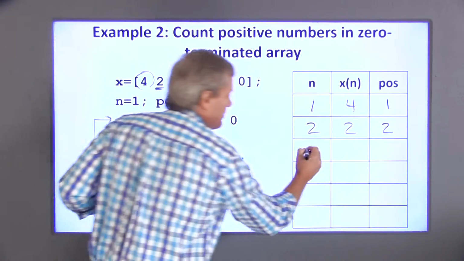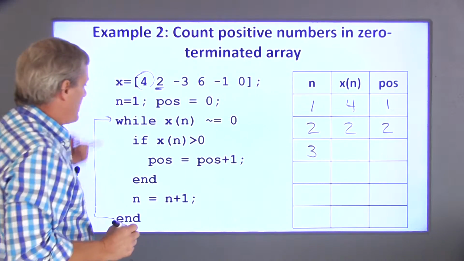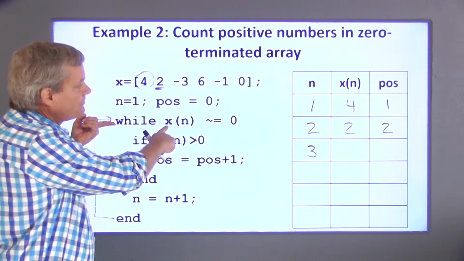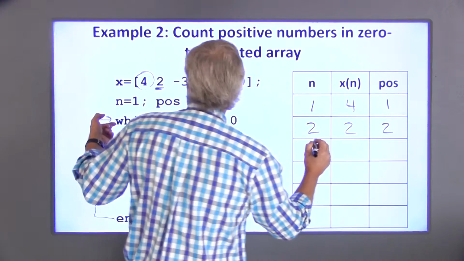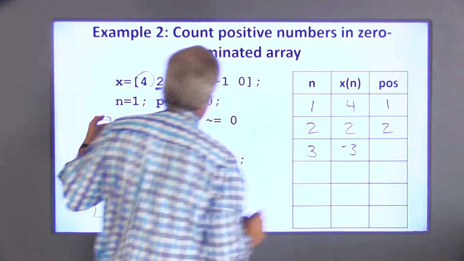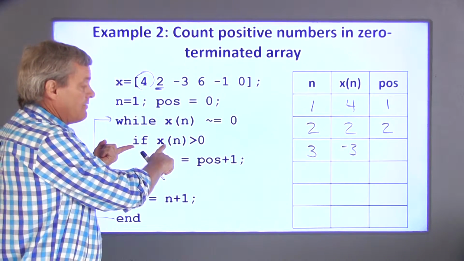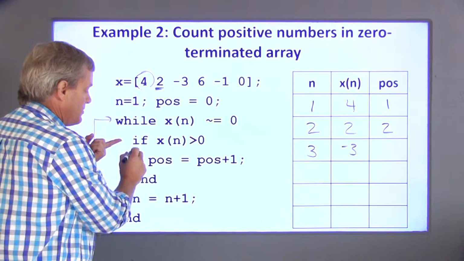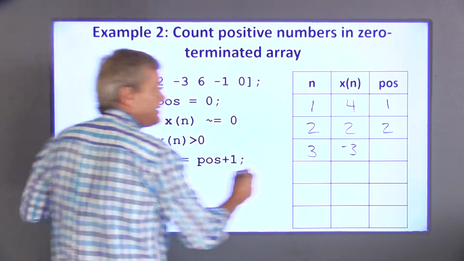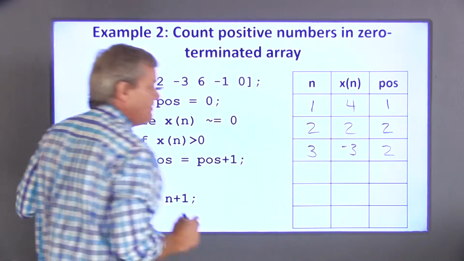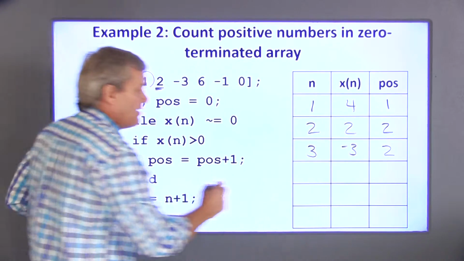N is equal to n plus 1. Going back up to the while statement, x of 3 is equal to -3. -3 is not equal to 0, so I go in here. -3 is also not greater than 0, so I skip doing this, and POS retains its value. Now I add 1 to n.